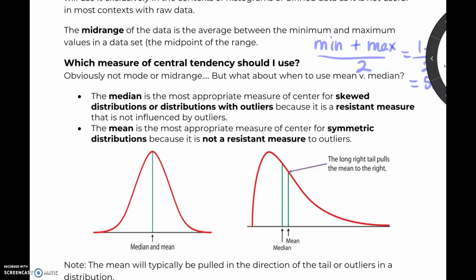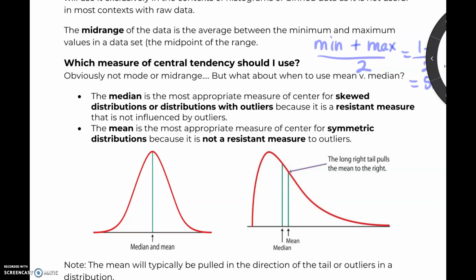You can think of housing prices in San Diego. A lot of the houses here are in the $500,000, $600,000, $700,000 range, but then we have some houses in La Jolla that are $2 million, $3 million, $10 million, $20 million, and you don't want that very large value to skew your average.